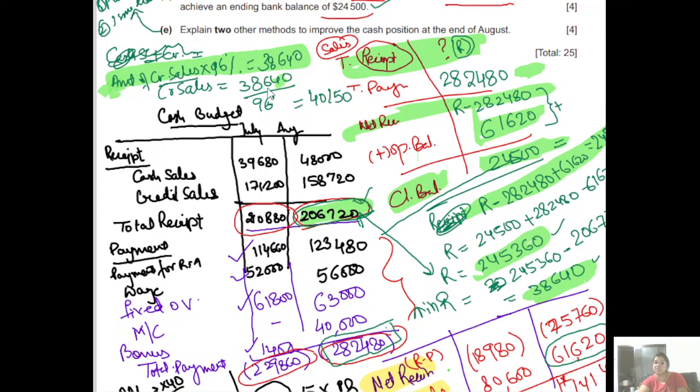So credit sales divided by 96, this way, this is the equation. क्रेडिट सेल्स का 96% ये है 38,640, क्योंकि पूरी सिचुएशन चेंज करने से रिसिप्ट इतना बढ़ा है. So it means credit pe 96% किया तब ये आया, but credit sales कितना है we don't know. ओके, तो क्रेडिट सेल्स निकालने के लिए this divided by this, 0.96.